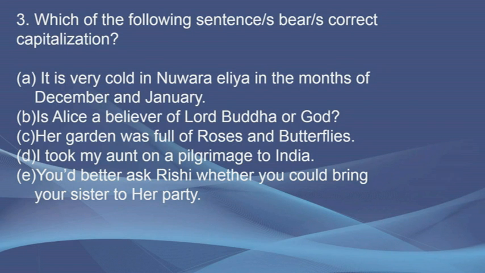Let's go to the next option, B. Is Alice a believer of Lord Buddha or God? Now here, the sentence starts with a capital, that's correct, and Alice is a proper noun, the name of a girl, starts with capital A, that is also correct. What about Lord Buddha and God? Do we start these words in capital letters?